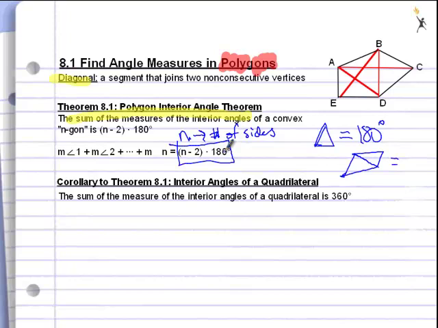You can plug in the number of sides into this formula and find out what the interior of the shape or the polygon adds up to be. And we're going to find out why that's important in the next page.